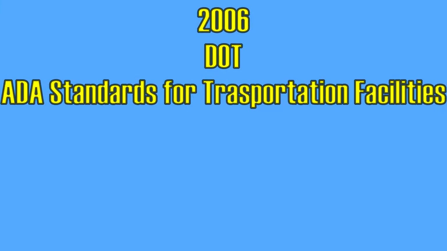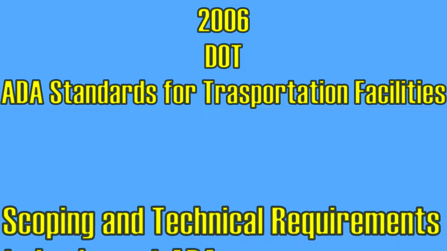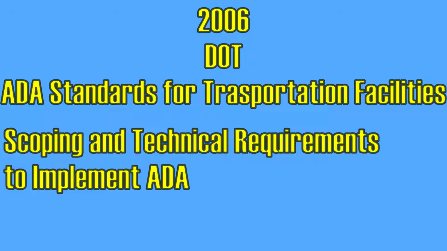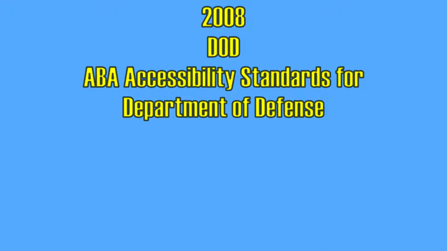In 2006, the Department of Transportation adopted the ADA Standards for Transportation Facilities. It contains the scoping and technical requirements to implement ADA. In 2008, the Department of Defense adopted the ABA Accessibility Standards for Department of Defense.